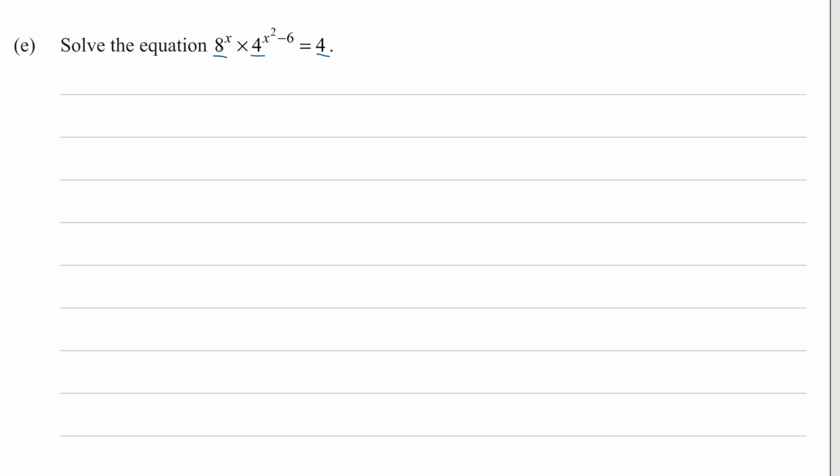So could we write 8 as a power of 4? Right, 4 squared would be the lowest one, which is 16. So we can't. Which tells me, instead of 4, we actually want 2 as our common base. So how could we write 4 in terms of 2, as a power of 2? That would be 2 squared.